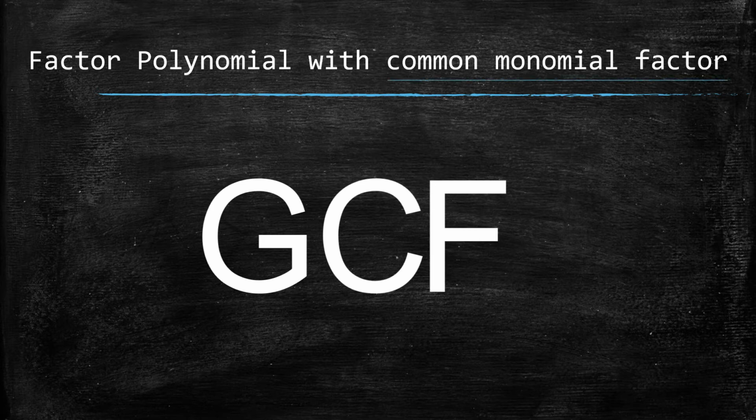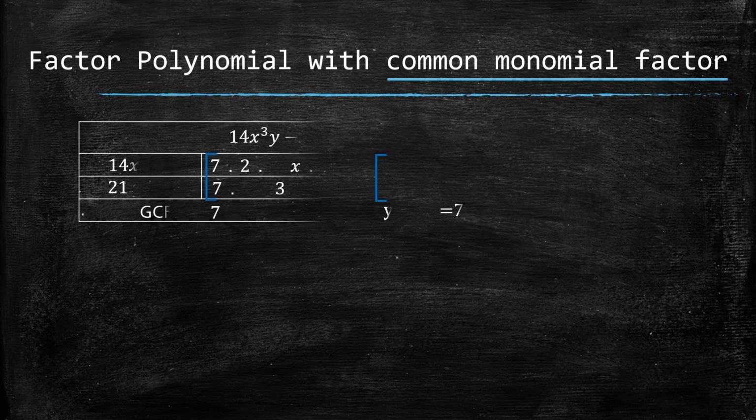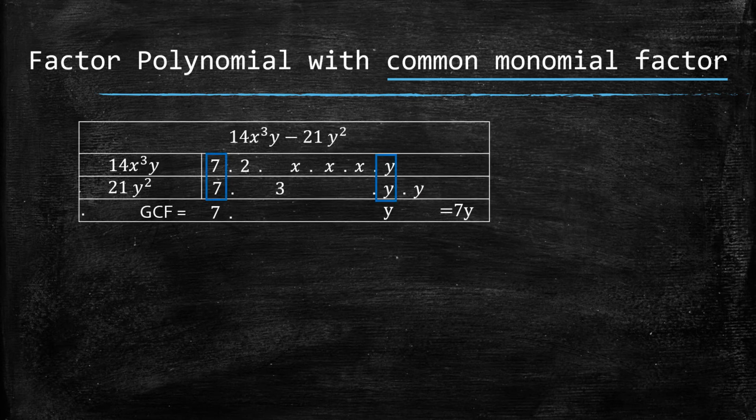Okay. This is our example from earlier. Our example earlier, class, was 14x cubed y minus 21y squared. Isn't that the result? You can play back or rewind the video to check if this is the example from earlier.